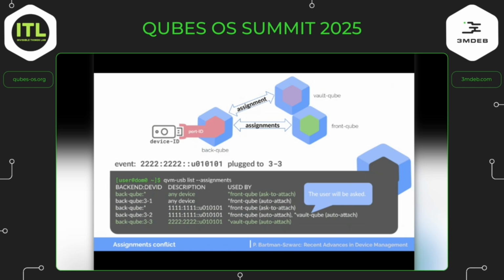And the last example, if we have something like that, so we have some device plugged to the port 3-3, there is still two matching assignments, because the first assignment takes every device from the back cube, plugs it to any port, and tries to attach it to the front cube.